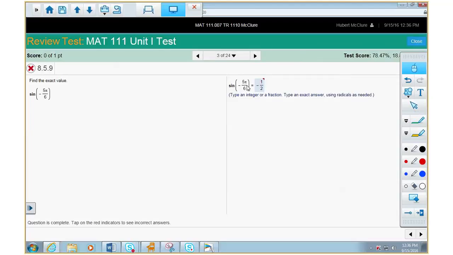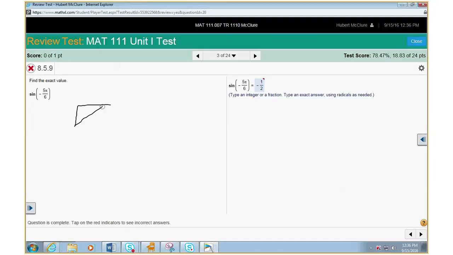Okay, this one is negative 150 degrees, right? So that would be that right there, right? Which would be negative square root of 3 over 2. Oscar had negative 1/2. I must have messed that one up.